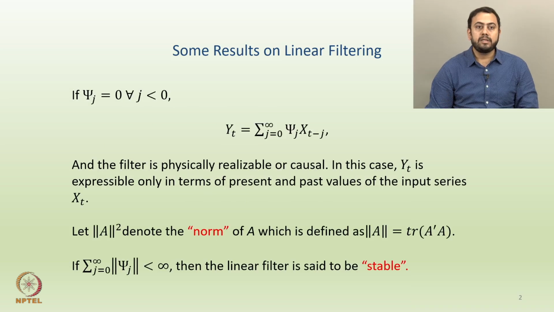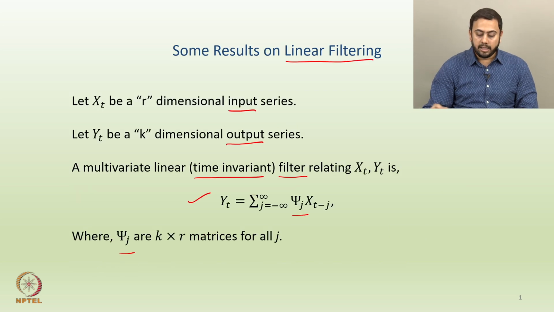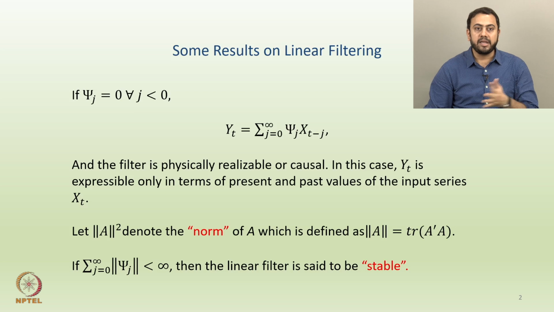Now, again, what would happen if psi j is 0 for all negative indices, or for all j less than 0? Just for a second, if you go back to the slide we saw earlier, remember that the summation is running from minus infinity to infinity. Now, we are assuming that for all j less than 0, the corresponding value of psi j is 0.